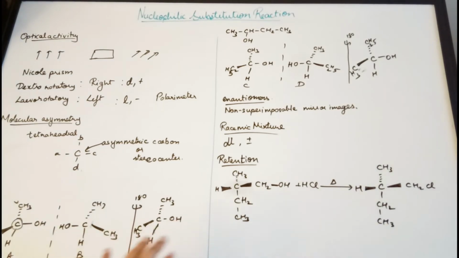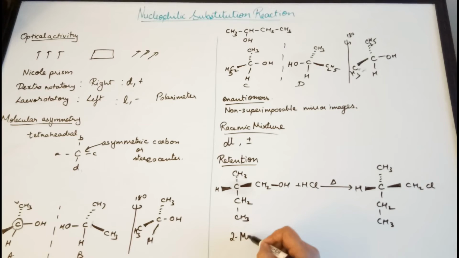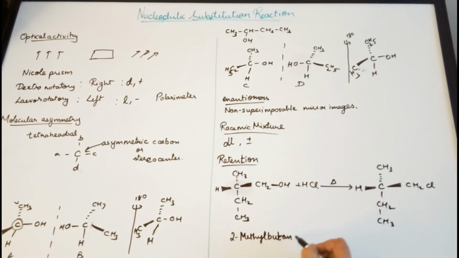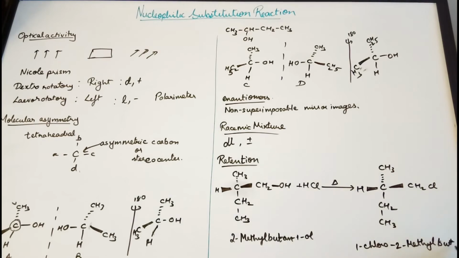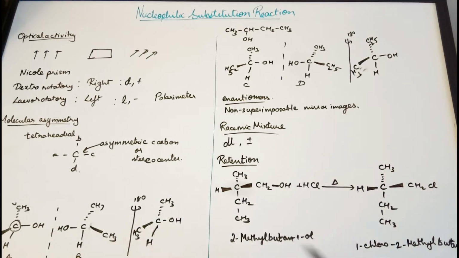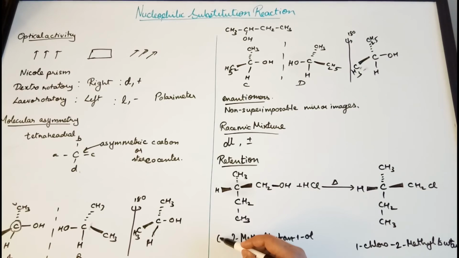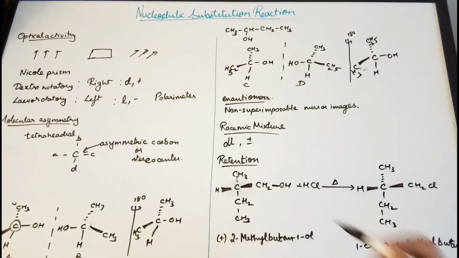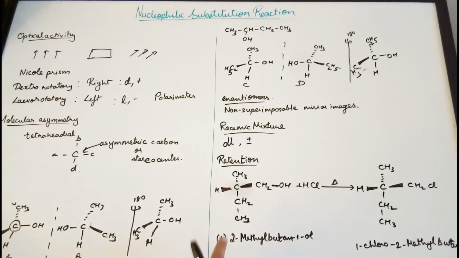Now this compound is 2-methylbutan-1-ol, whereas this compound is 1-chloro-2-methylbutane. So this compound also has one more important sign, a minus sign in front of it.